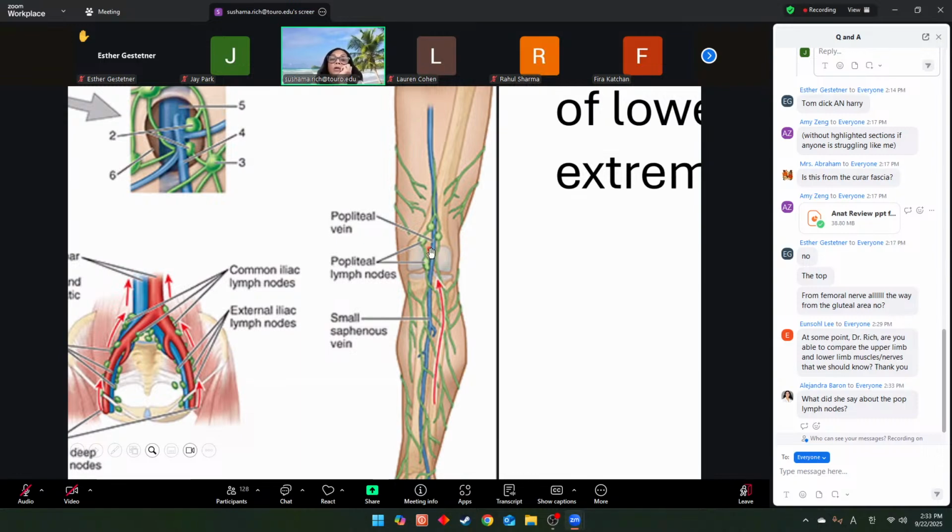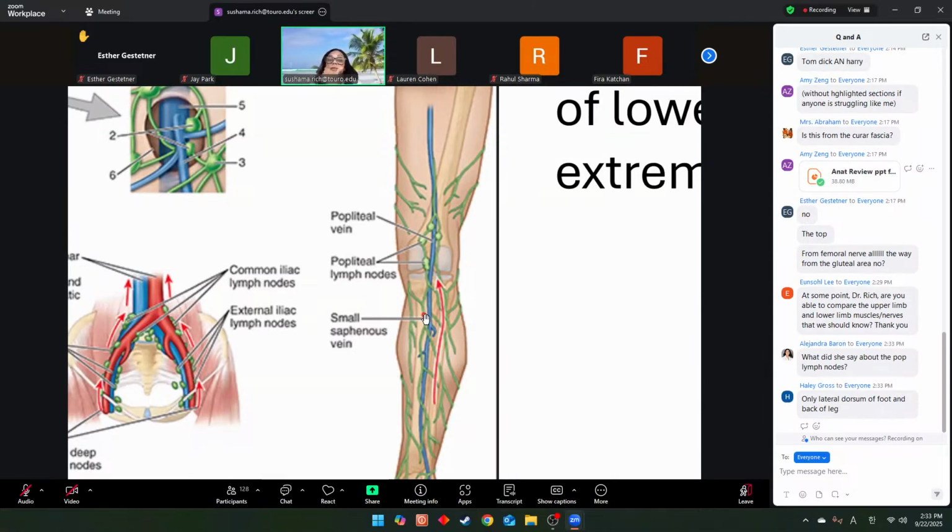When we talk about fractures of the bone, we generally are concerned about two things: nerves and arteries. We're not that concerned about the muscles because there's more than one muscle which can do the same function, so compensation can happen.